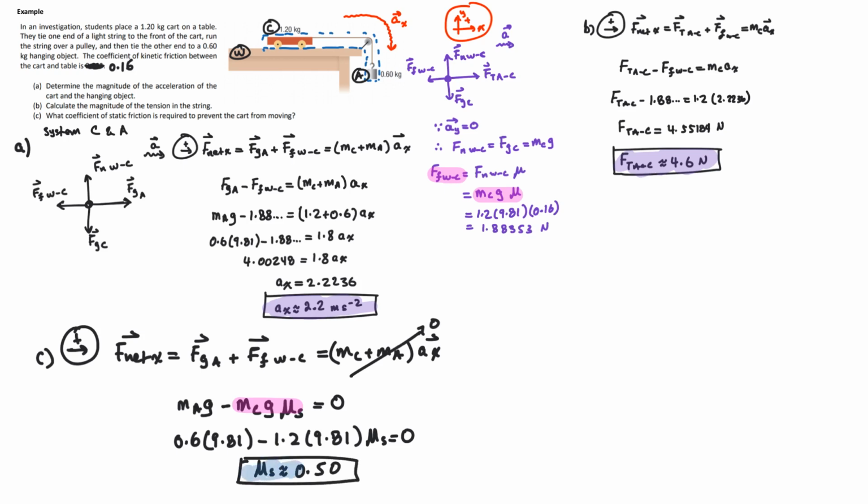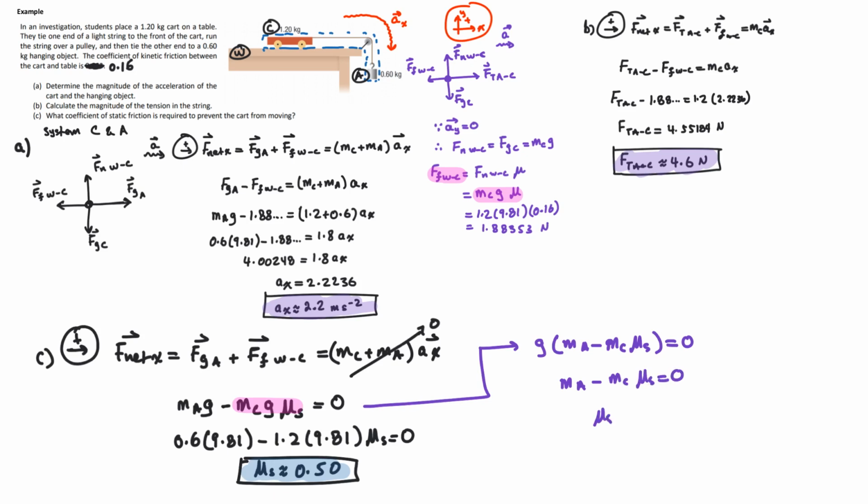I'll just show you quickly how you could do this with factoring it out, so that you can see an alternative method of solving this algebraically. Here I could have factored out the g, and I would have mA minus mC mu s is equal to 0. Divide both sides by g, and I would get mA minus mC mu s is equal to 0.